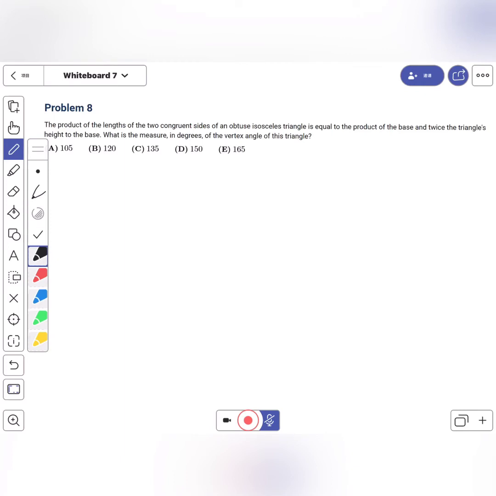And what do we first think about? Well, area, right? Because area is equal to base times height divided by 2. Now, keep in mind that 2 times base times h is equal to x squared, where x is the congruent side.